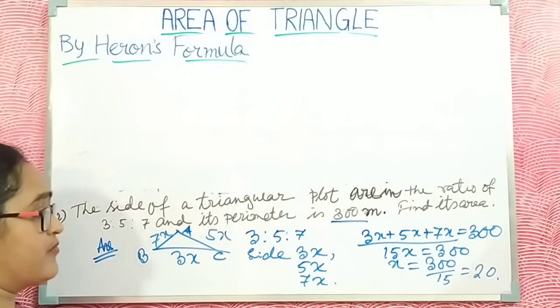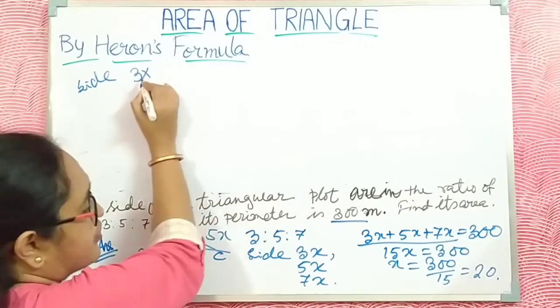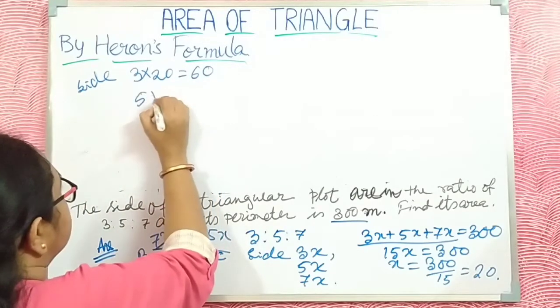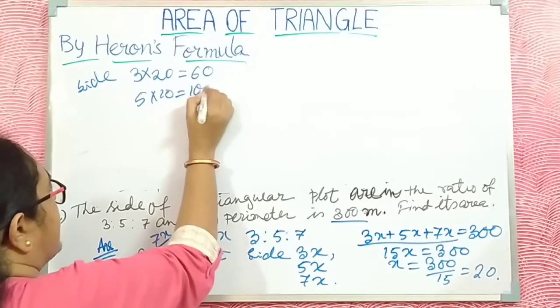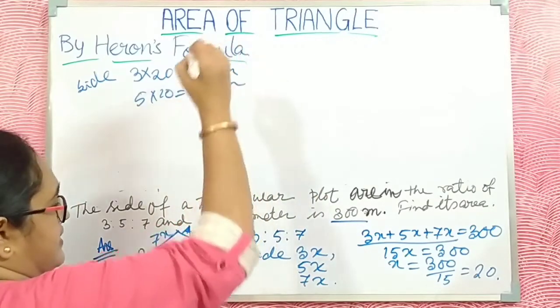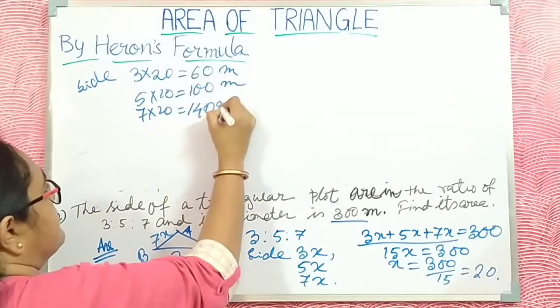Now the sides become 3 into 20, this is 60 meter; 5 into 20, this is 100 meter; then 7 into 20, this is 140 meter.